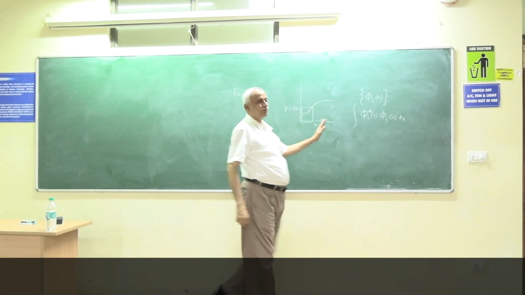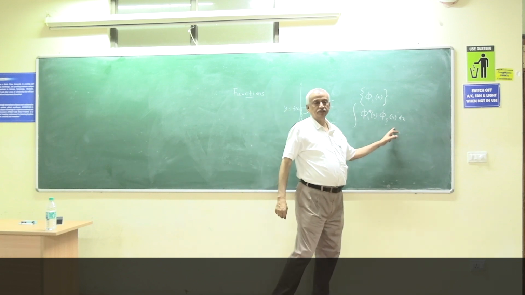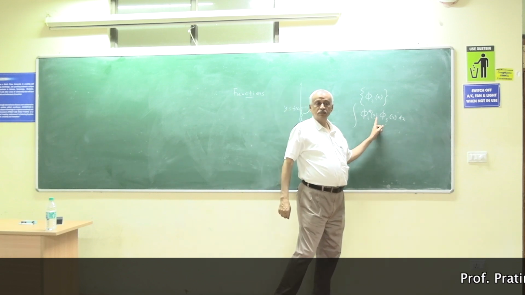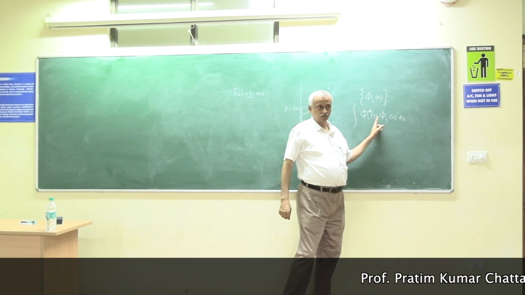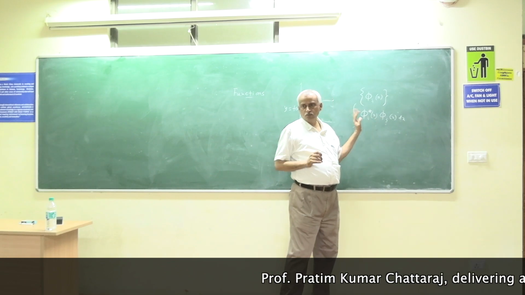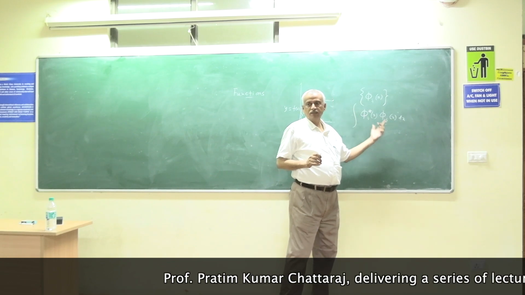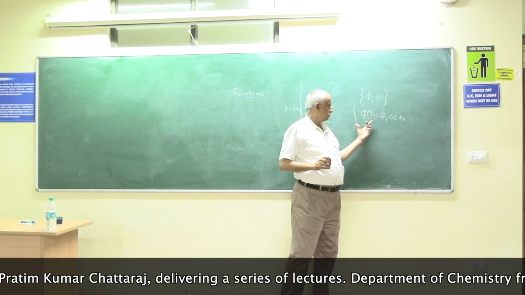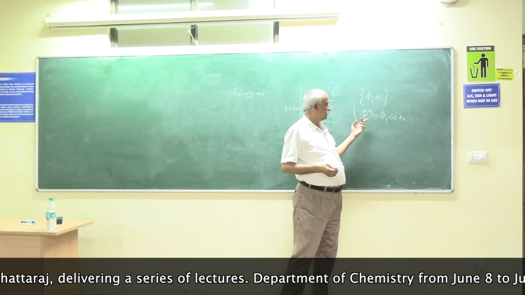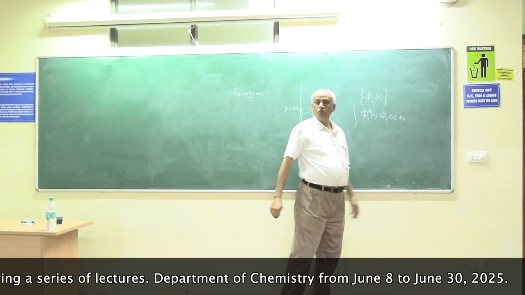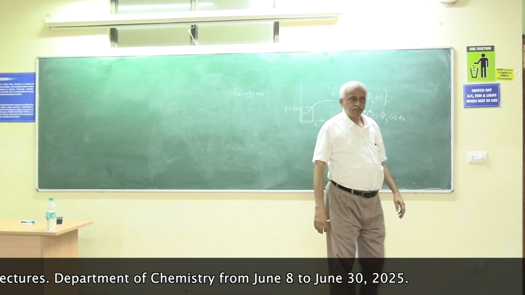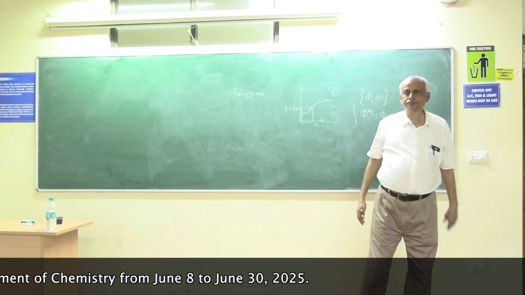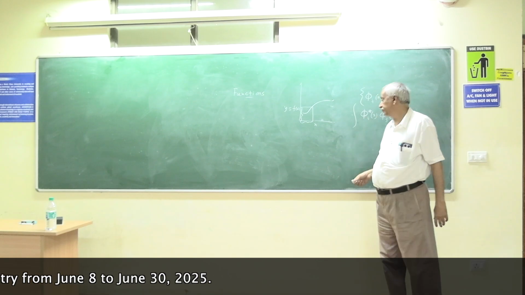This is called the scalar product of two functions phi_i and phi_j. But here you have to take the complex conjugate. If they are real functions, there is no problem. But in general, in quantum mechanics, particularly in a dynamical situation, you may come across complex functions. So that is the definition of the scalar product.